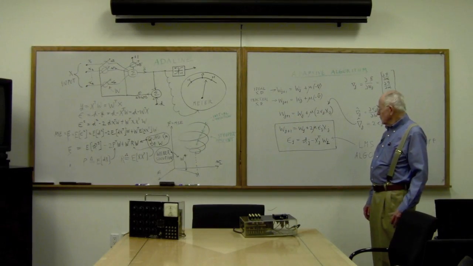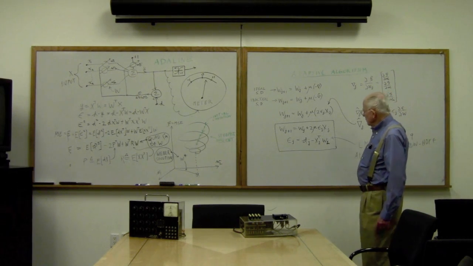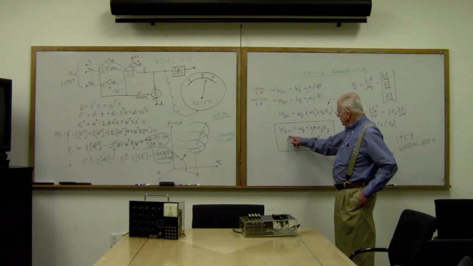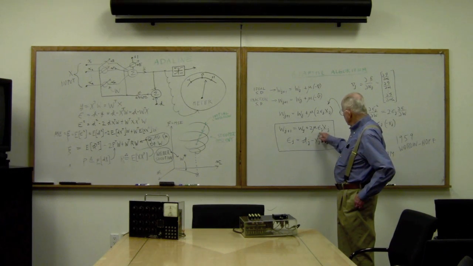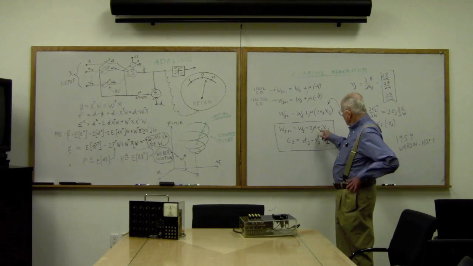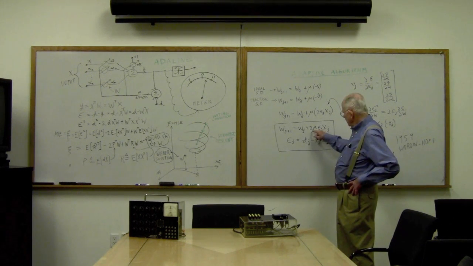I'd like to make a few more comments about the LMS algorithm. If you look at it, the next weight vector equals the present weight vector plus 2 mu epsilon x. What that tells you is that when epsilon, the error, is positive, you take the input pattern, multiply by 2 mu. Remember that mu is a positive constant.